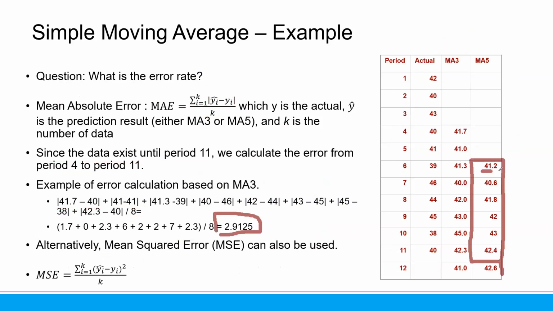So we can check the predicted number with the actual value, and then we will divide by the 6 data points. Based on this error rate, you can check which one is better, whether it is MA3 or MA5.